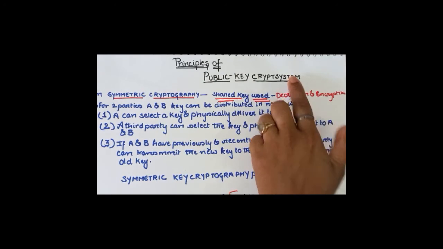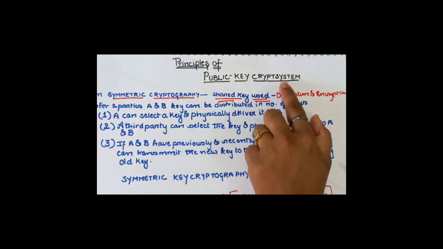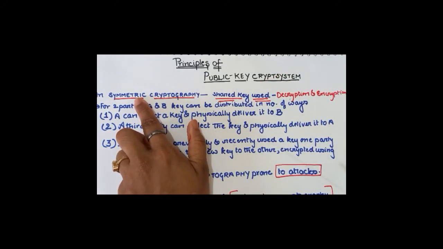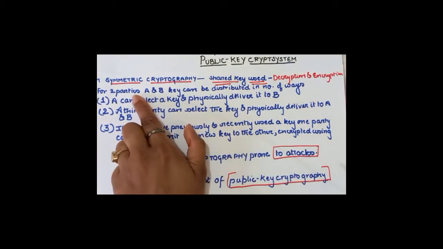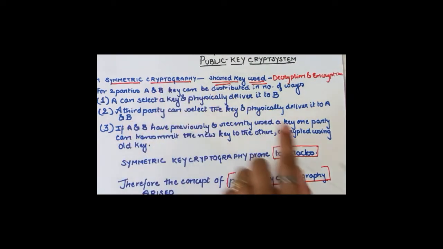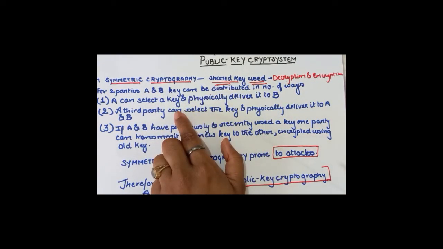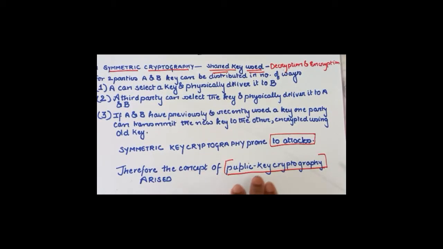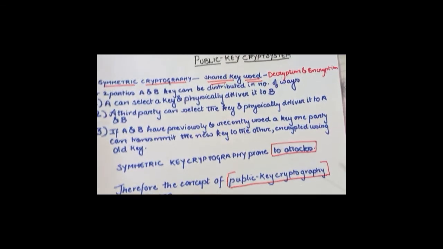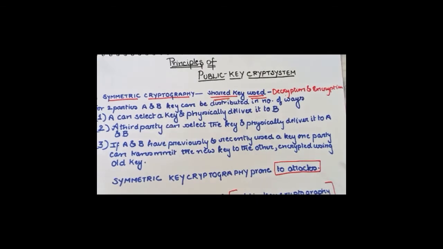I told you why the need for public key cryptography arose, because we already knew the conventional method, symmetric cryptography, which was smooth enough, but we saw how attackers can harm the message being conveyed using symmetric key cryptography. So that led us to the concept of public key cryptography. Today we'll be discussing its principles.